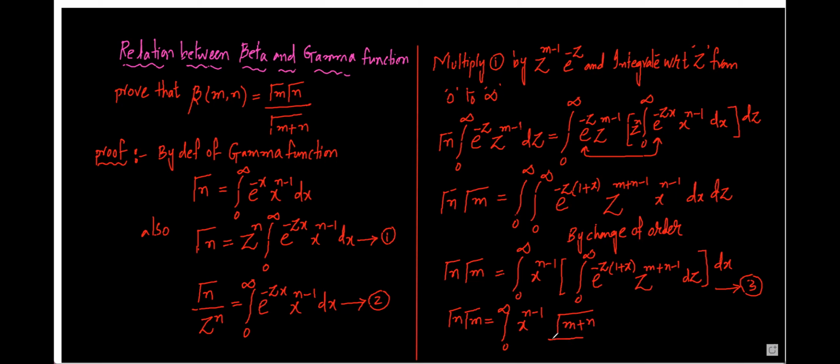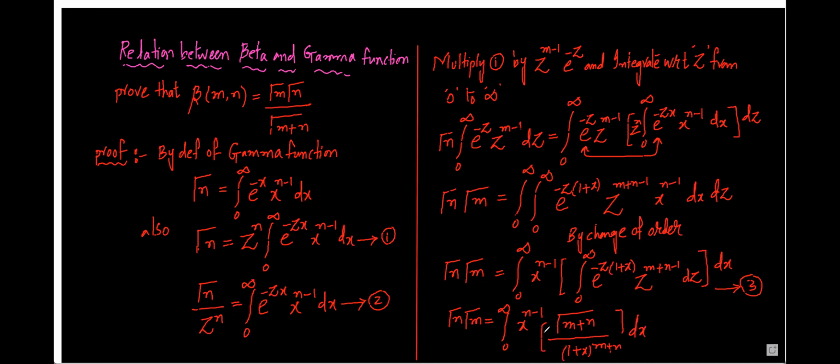Now the denominator: here the denominator is z power n, when the coefficient is minus z. Here the coefficient of z is 1 plus x, so it becomes (1 plus x) whole to the power of m plus n, then the dx is as it is.